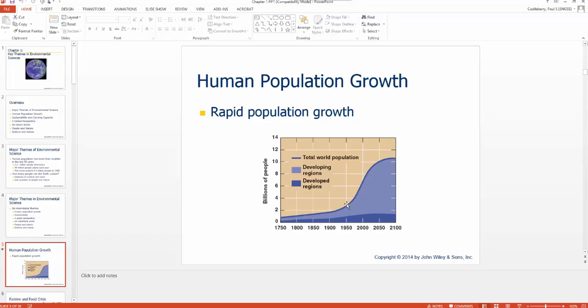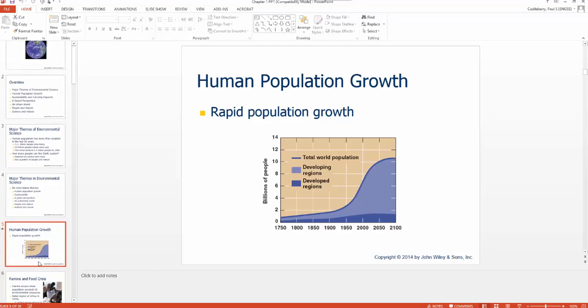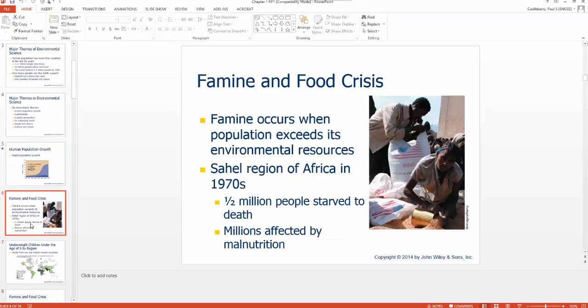So if you have parents that are in their mid-60s or grandparents in their mid-60s, they have seen a population explosion. And that can cause some challenges for our environment. And some of the byproducts of this rapid growth has been in terms of famine and food crisis.